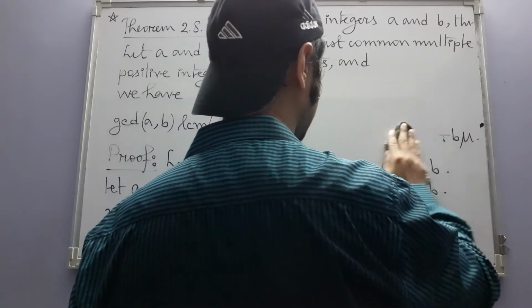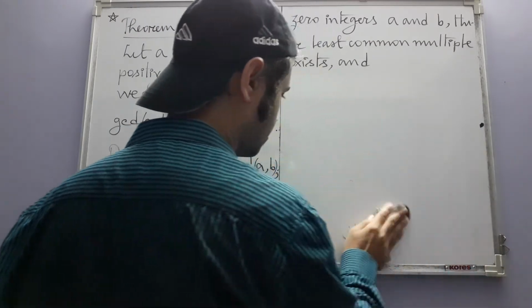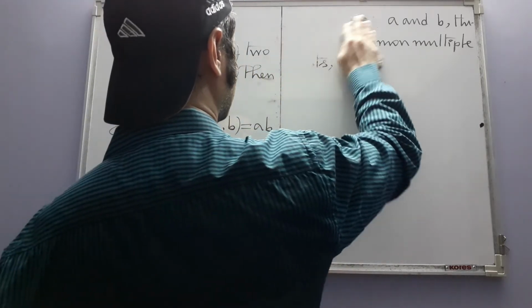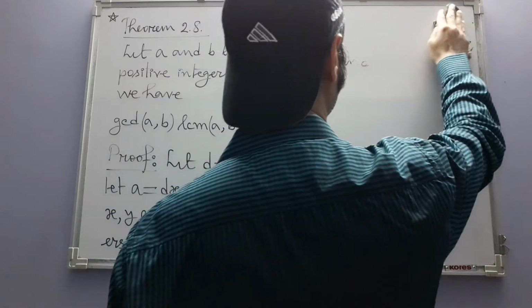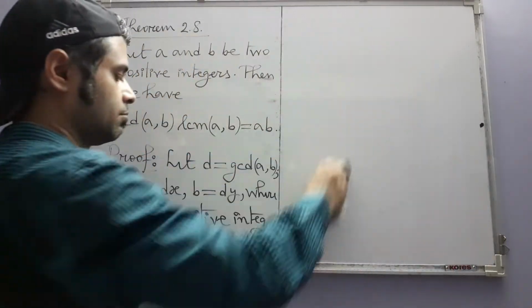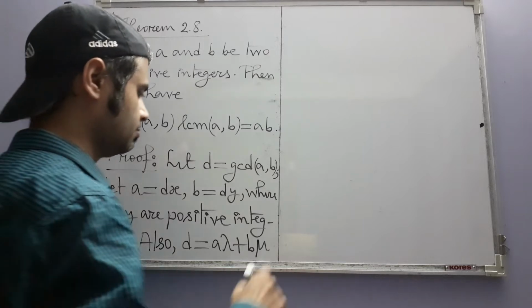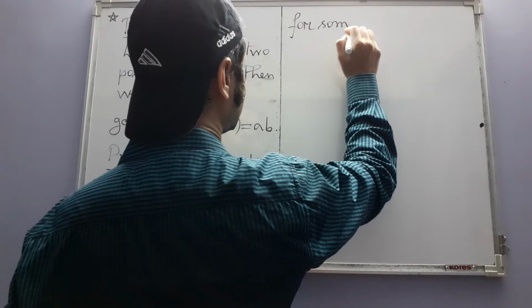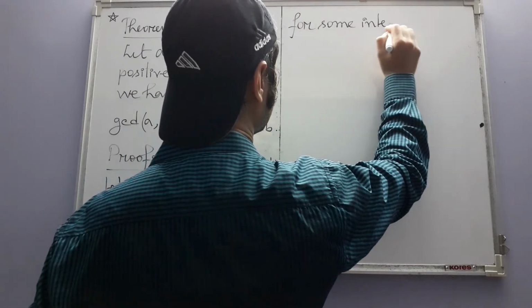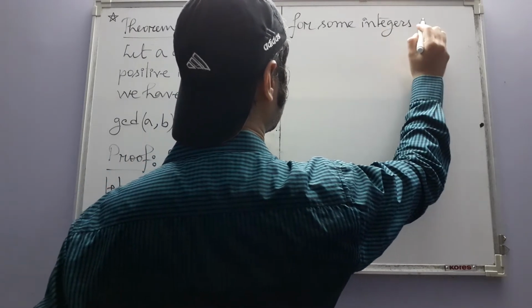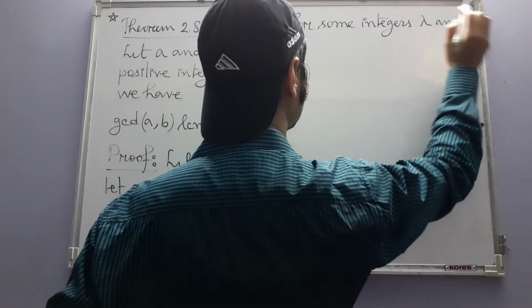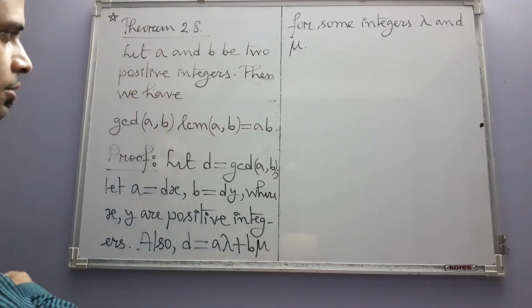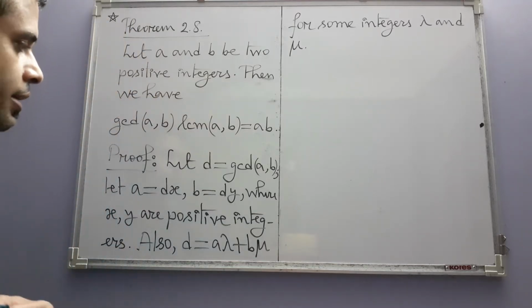They are just integers, for some integers lambda and mu.